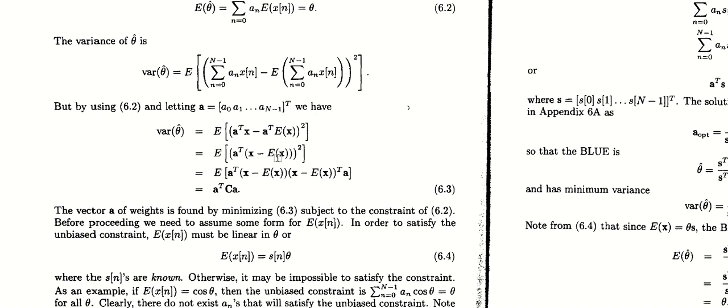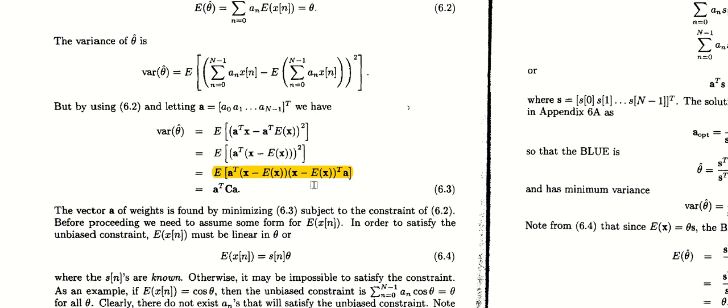This is a^T (x minus expect of x)(x minus expect of x) transpose a, so you have a^T C a. How does this come out? We have the expectation of a, but a is a constant, so a goes out.